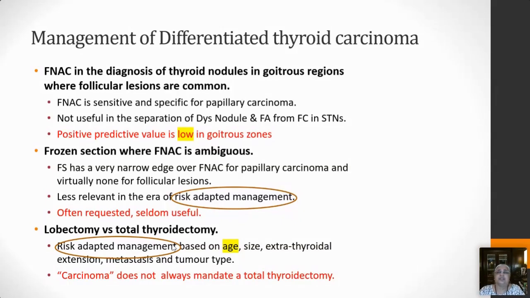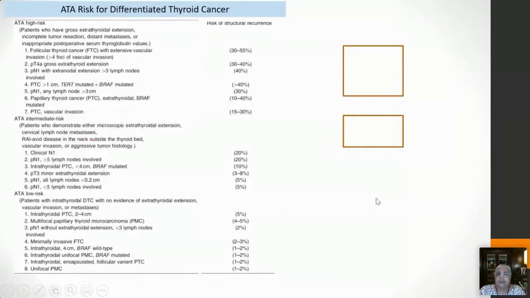And most of this means a lobectomy versus total thyroidectomy. But what we should understand, and I think clinicians should also understand, is that carcinoma does not always mandate a total thyroidectomy. And I will show you the ATA risk for differentiated thyroid carcinoma, that is the American Thyroid Association.